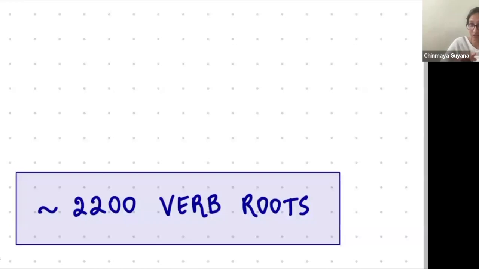The other thing about these 2,200 verb roots: traditional Sanskrit class requires you to memorize the 2,200 verb roots at the beginning of the course before you learn anything else in grammar. So not only are you memorizing a set of declension tables before you start, you're also memorizing about 2,200 verb roots.